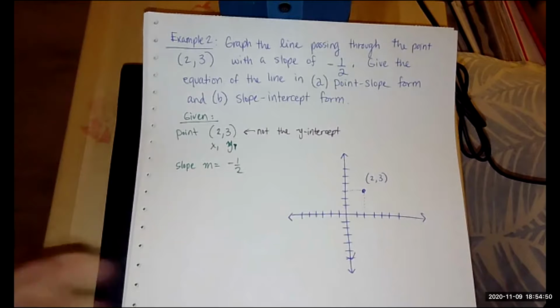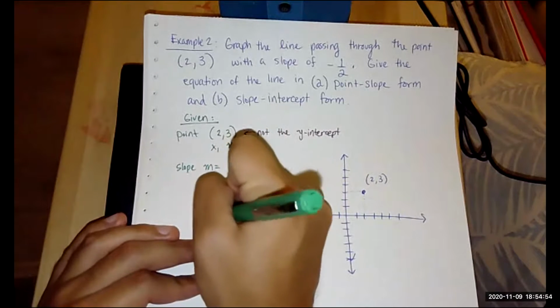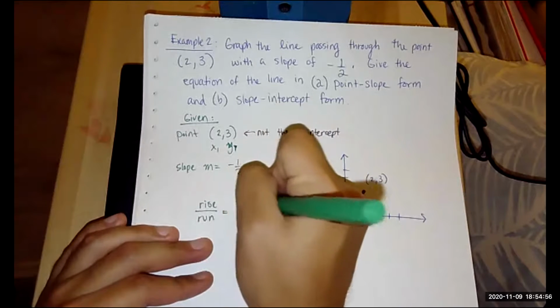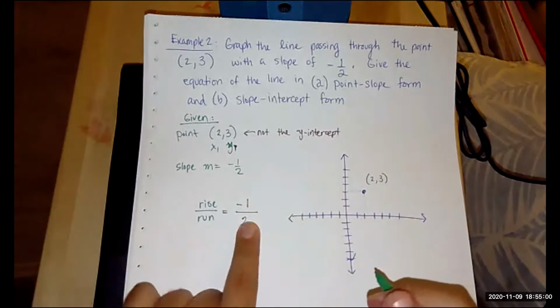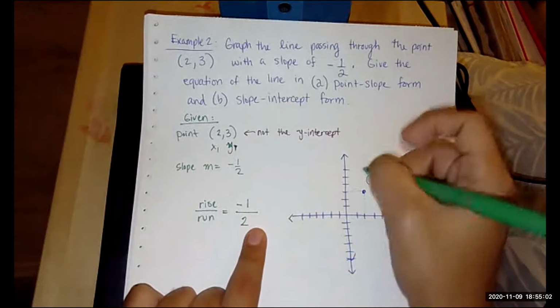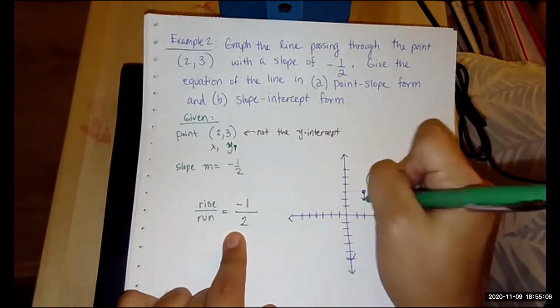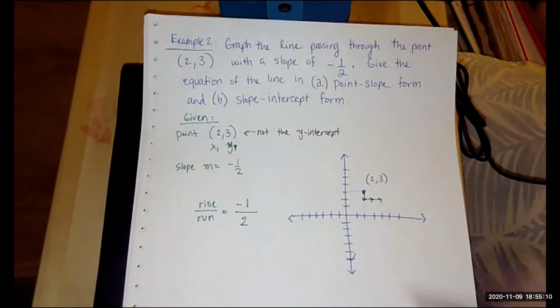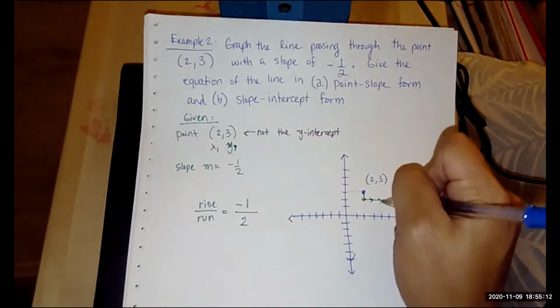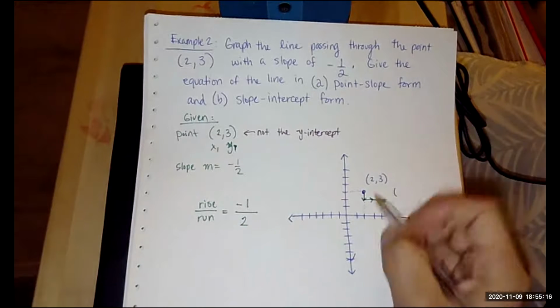Okay, now since they've given us the slope, and I said that the slope is equivalent to rise over run, and we know that rise is going to be -1 and that run is going to be 2, well then I'm just going to go down 1, I'm going to go over 2, and that's where I'm going to put my next point right here. And if you want to mark it with the location, that'll be good practice.